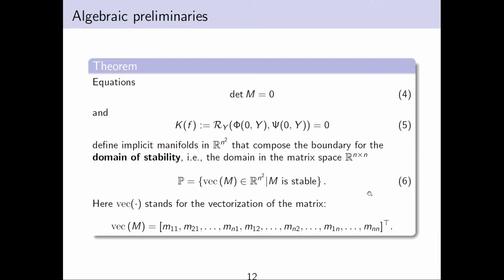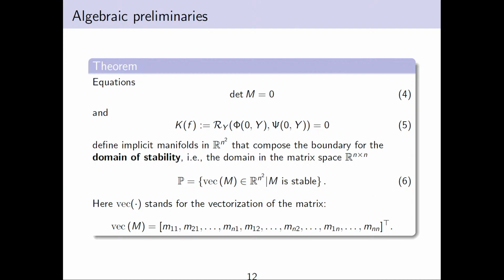It is a known result, this theorem. It says that the domain of stability, that is the set of stable matrices, has a boundary that consists of two algebraic manifolds.